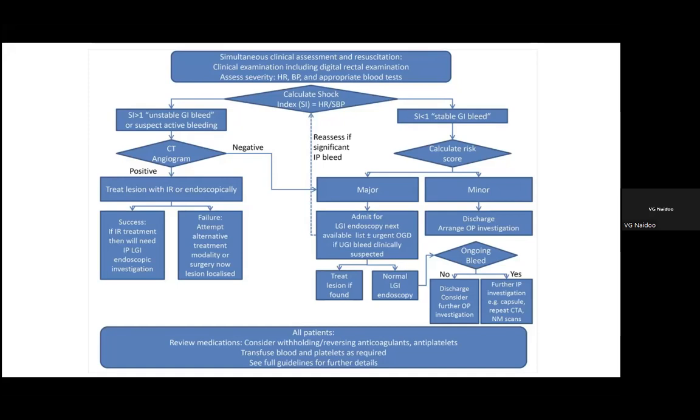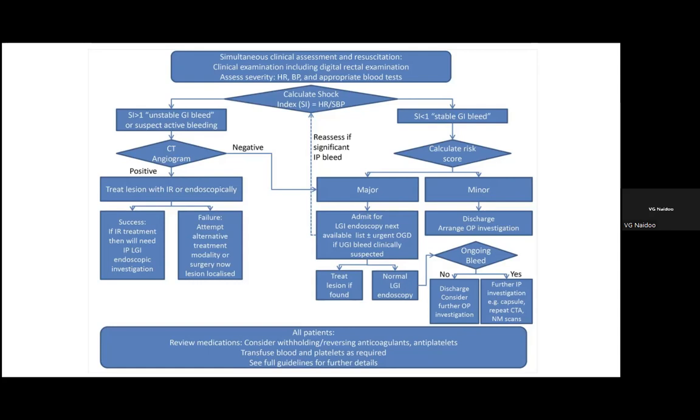And as was highlighted by Barbara, most of these patients, when they are referred to you, have already had their bleed and it has now stopped. Very rarely, as I said, these are patients who have been in and out of hospital. If you and your interventional radiologists are fairly enthusiastic and brave, you can try and do a provocative angiogram.